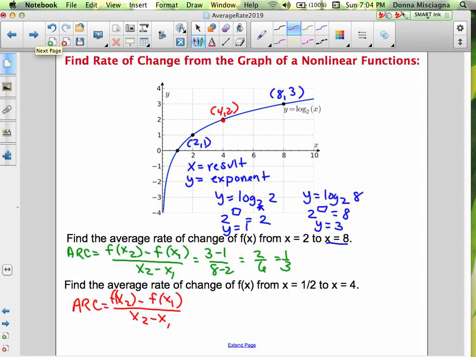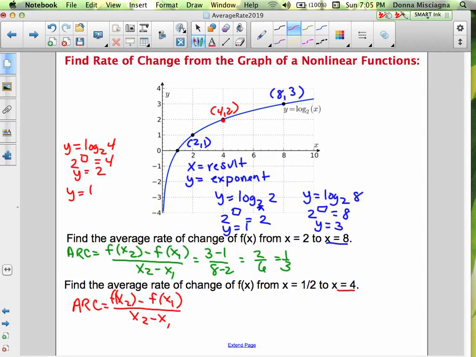If y equals log base 2, we want x equals 4. So y equals log base 2 of 4. That's saying 2 to what power is 4? And we know that's 2 to the second power, so y equals 2. So that's the point 4, 2. Let's find the y value for x equals 1/2, because that's not as easy to find.